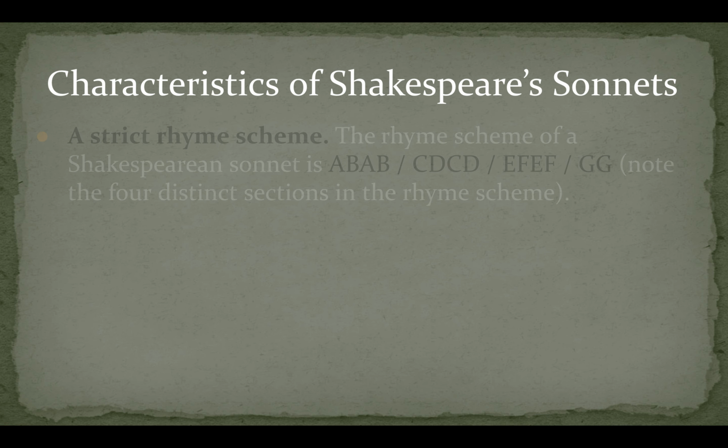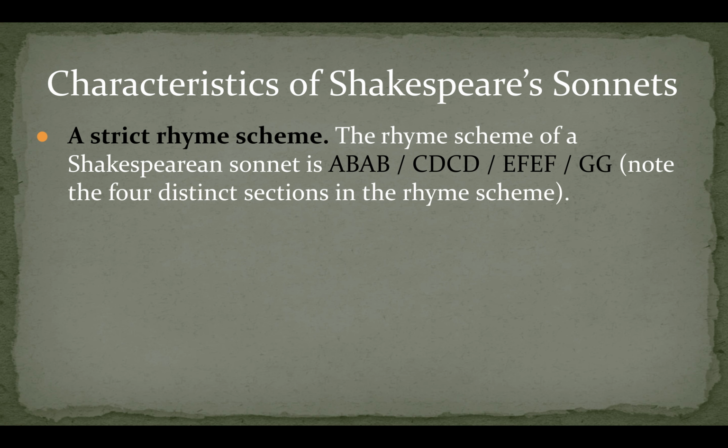All right, so here we are talking a little bit more about the characteristics of Shakespeare's sonnets. Now, we already said it has a strict rhyme scheme, and we've already talked about this rhyme scheme.